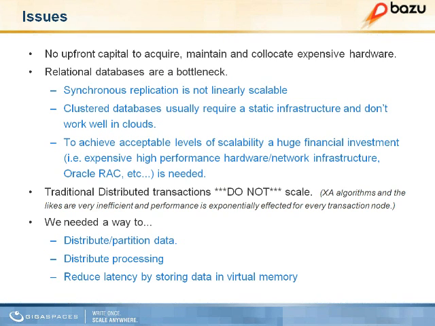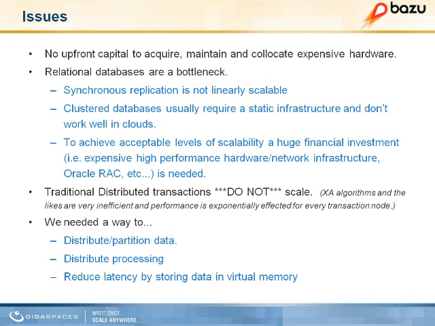If you want to have an active-active configuration, for example, where more than one database node is responsible for processing your data, in most cases you have to replicate this data synchronously, and synchronous replications are basically distributed transactions, which we'll discuss in a bit. Also, clustered database products usually require static infrastructure and don't work very well in clouds. This is very true of most database replication technologies.